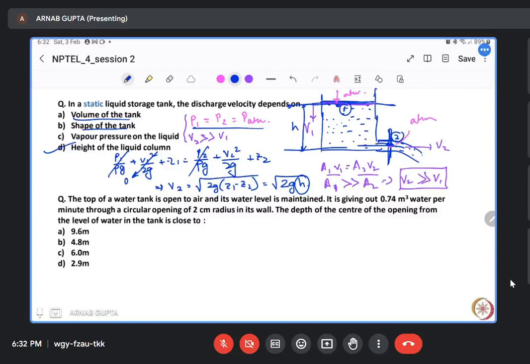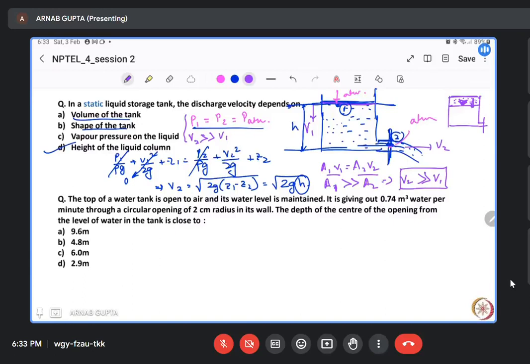What happens if you consider confined spaces? If this end is confined and not open to atmosphere, then the pressure at this point won't be atmospheric pressure. It will be the vapor pressure of the liquid, the pressure that the vapor has formed on top of the liquid, being applied on the liquid surface.